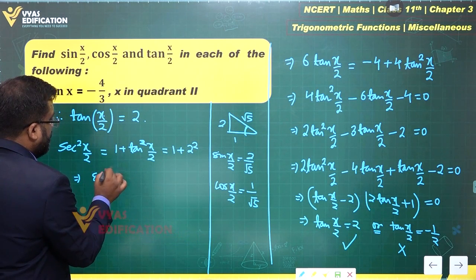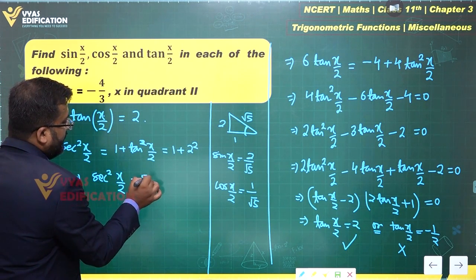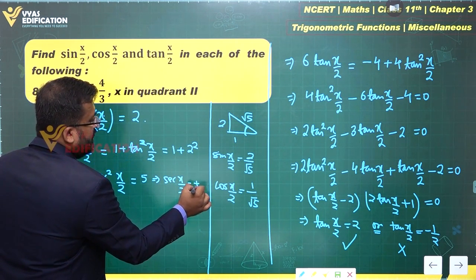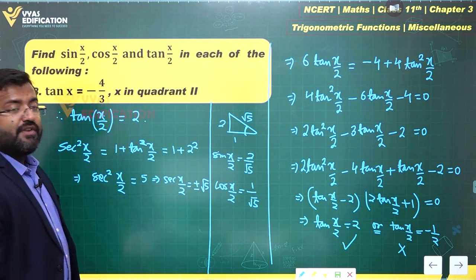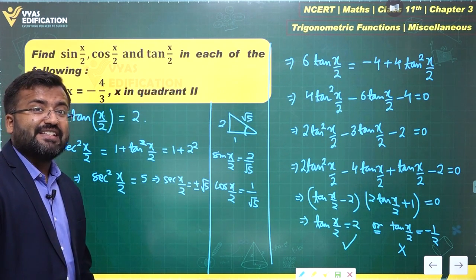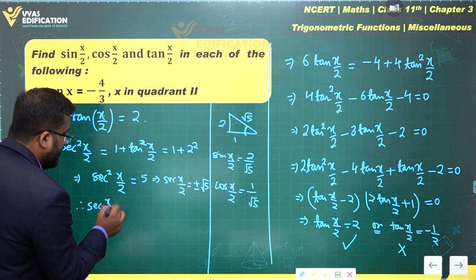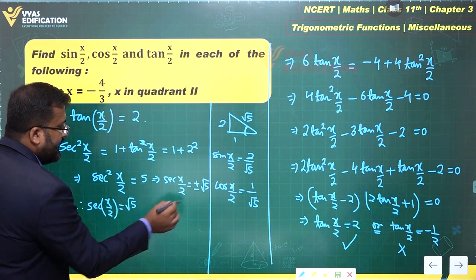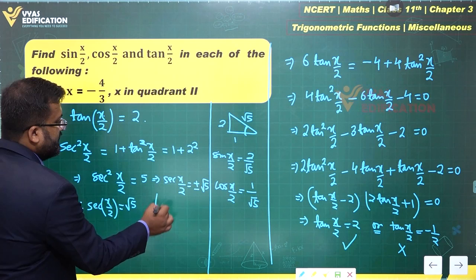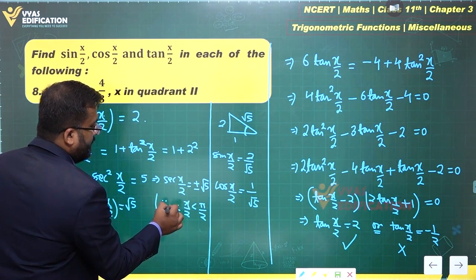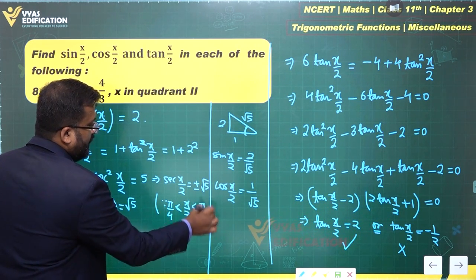So you have sec²(x/2) is equal to 5, which implies sec(x/2) will be equal to plus or minus root 5. Now which value will you consider over here? x/2 lies in the first quadrant, therefore sec(x/2) is equal to root 5 only, the other value is rejected. Since x/2 is less than pi by 2 and greater than pi by 4, that is in the first quadrant, right?